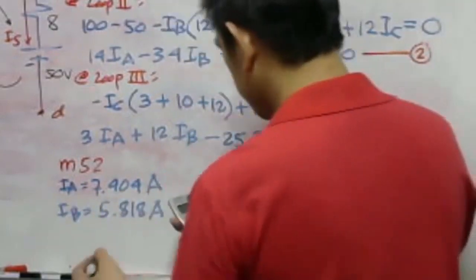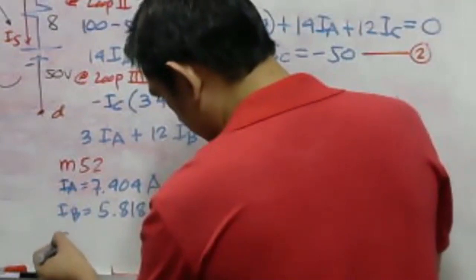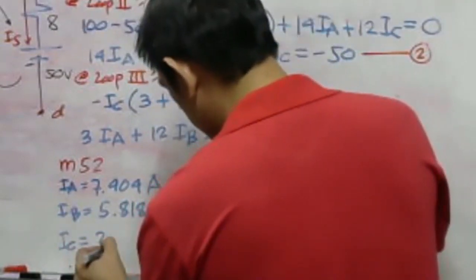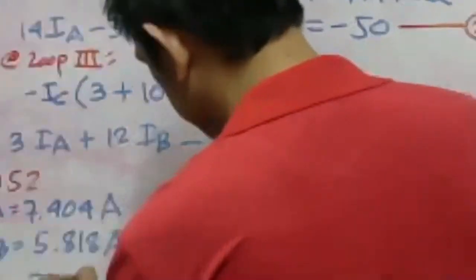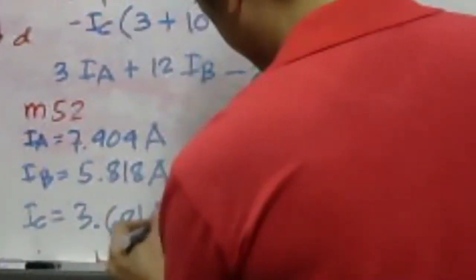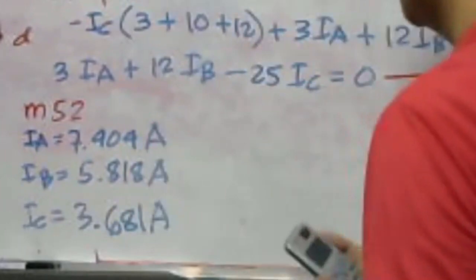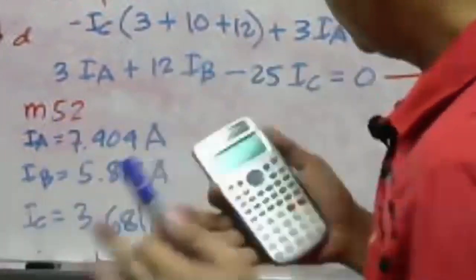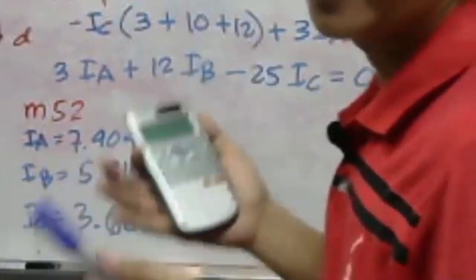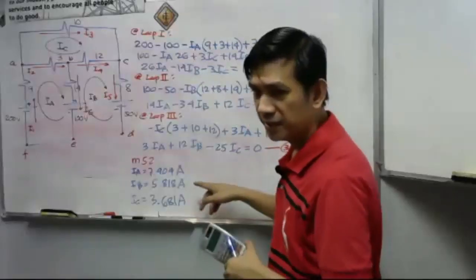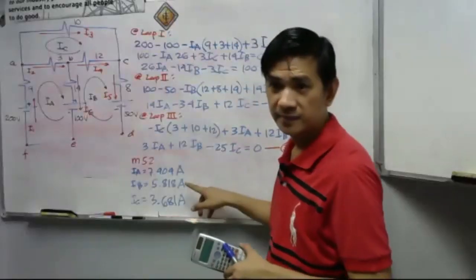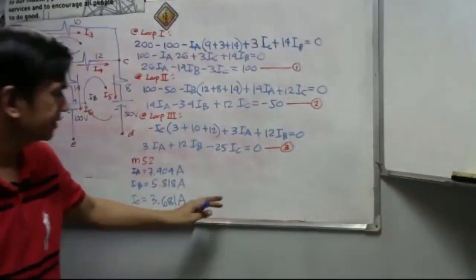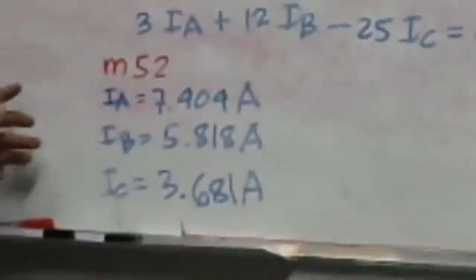Another equals, that is our z, which is our I sub C, 3.681 amperes. These are just all our circulating currents, IA, IB, and IC. So please close up, the camera is blurry.